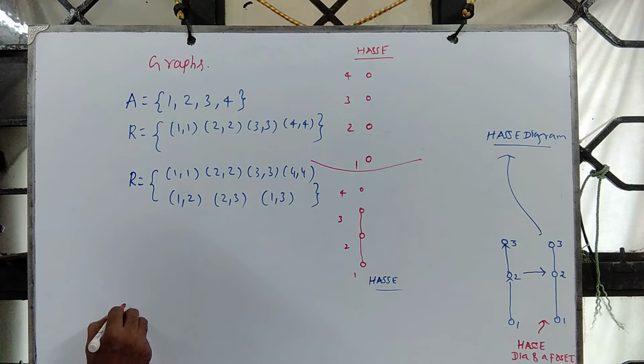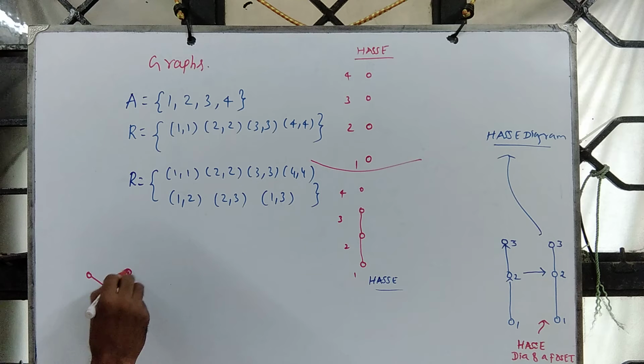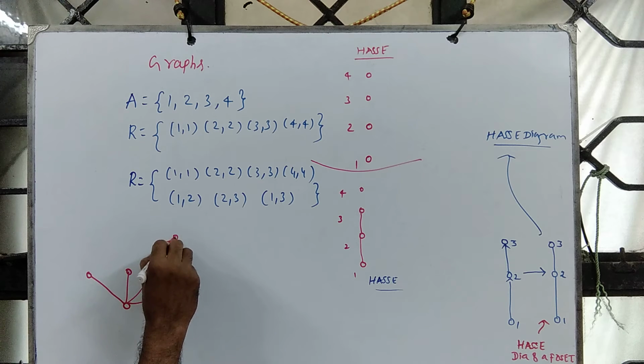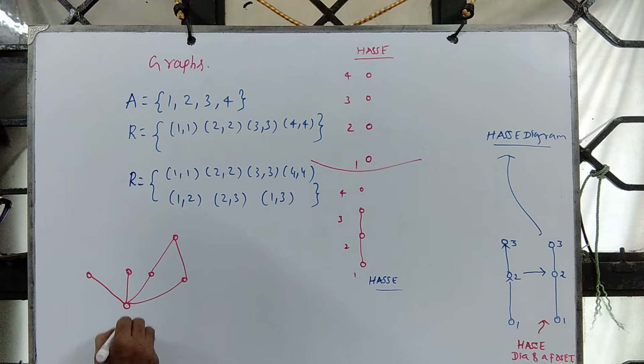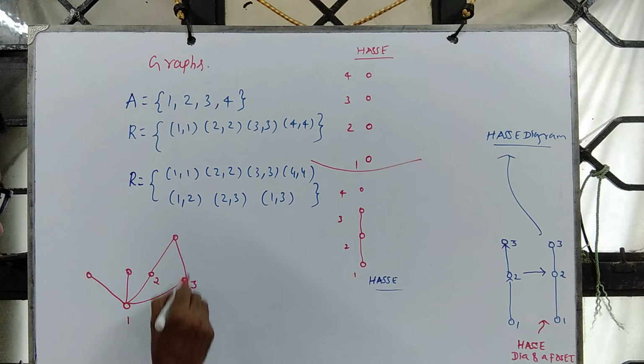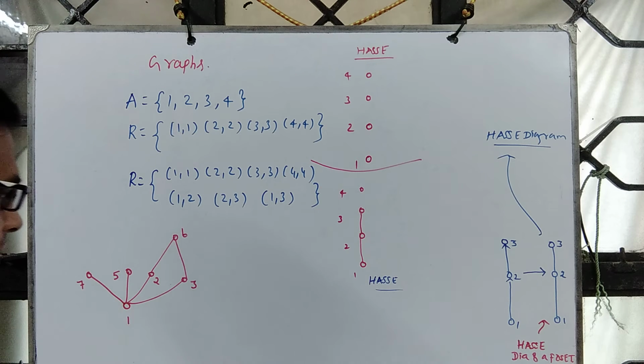Consider this diagram. So let me draw something like this. Let me say this is 1 and say 2, 3, say 6 and say 5 and 7.